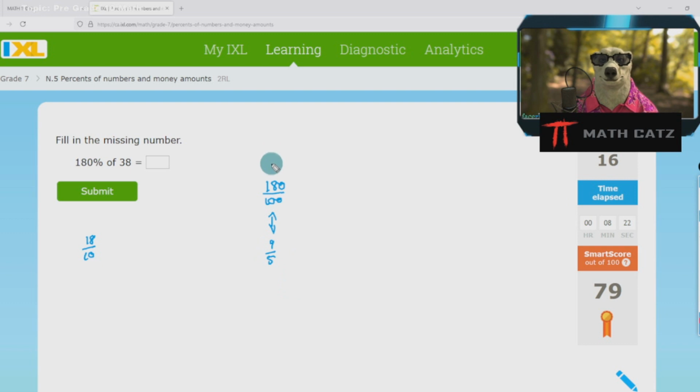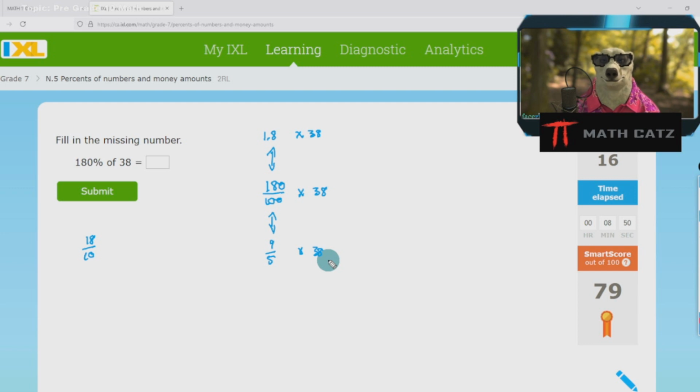That's an option. Or I can go decimal, looking at this fraction, which will be 1.8. 1.80, don't have to write that. Of, when it comes to proportions and fractions, is a multiplication. So now I can choose. Okay, well, which one is the most convenient for me?